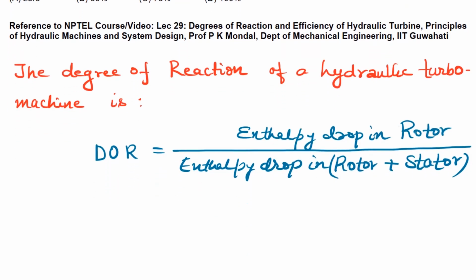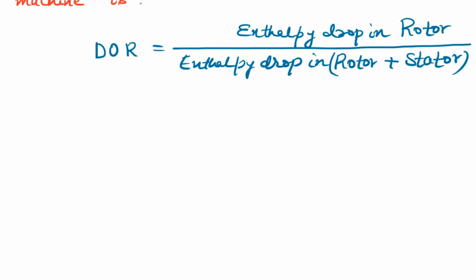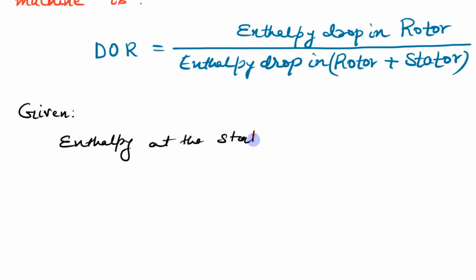Now in the problem it's given enthalpy at the stator inlet is H1. So let's write here the given information: enthalpy at the stator inlet is H1.